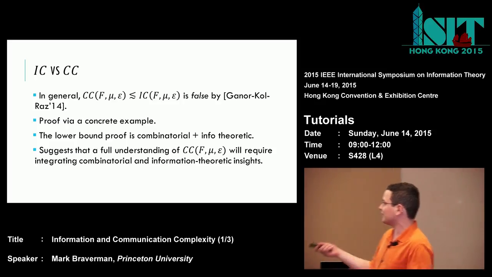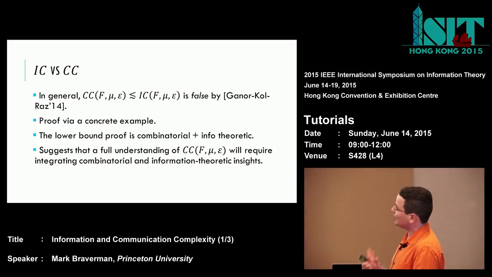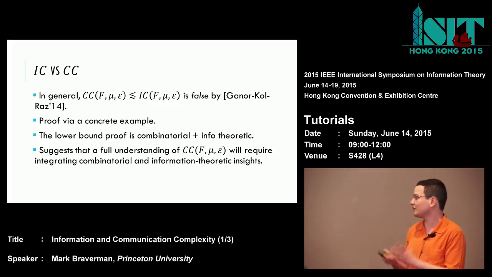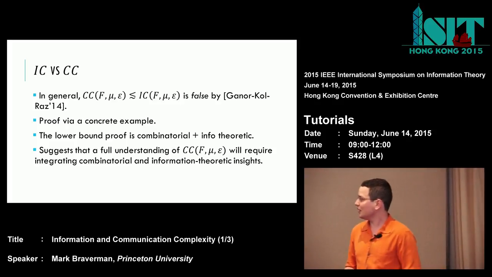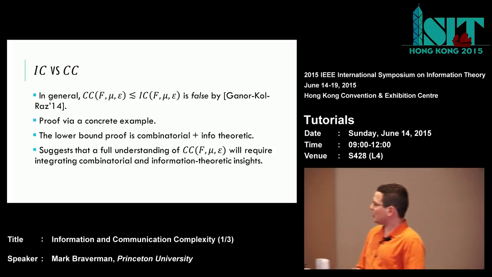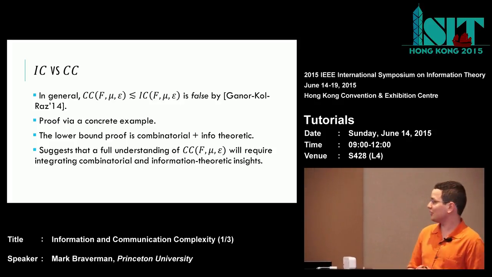But it means that there is something interesting going on. The proof is via a concrete example. Rotem will show one version of such an example. And the lower bound proof combines combinatorial and information theoretic techniques.